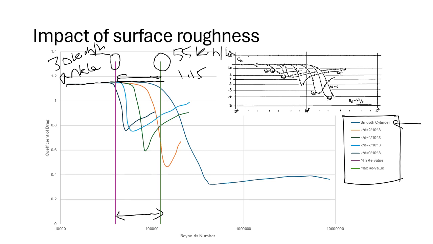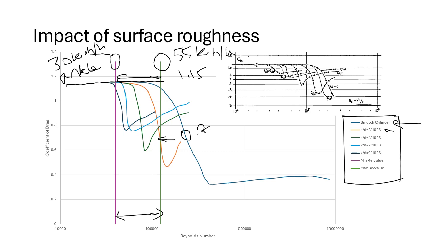You can see if I have a fine ratio here, the drag remains relatively constant as well, but it drops off and it goes down to a minimum value here of about 0.7.